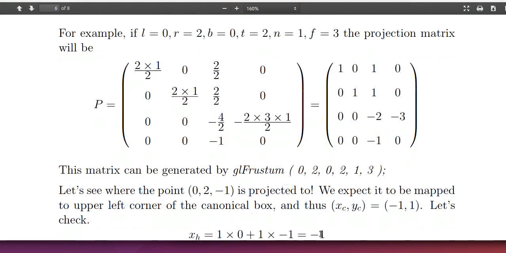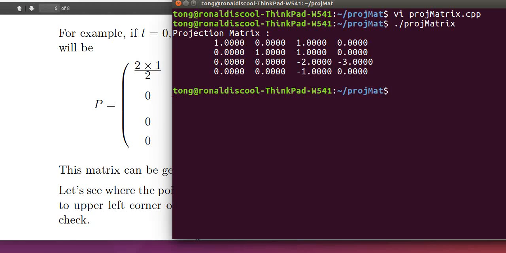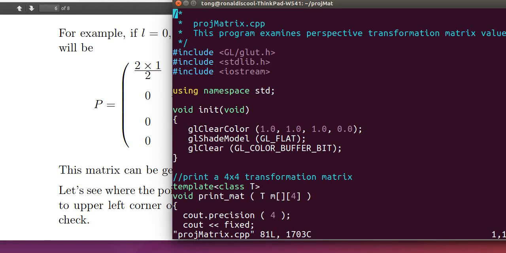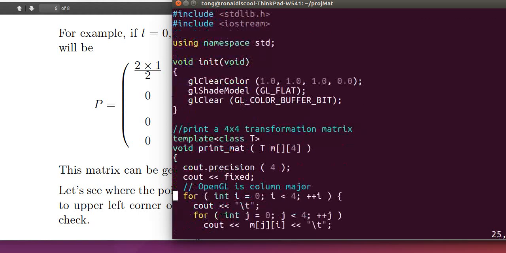Now let's check this with a program to make sure that this is right. We have written a simple program. In this program, nothing special. We have a routine that prints out a 4x4 matrix.